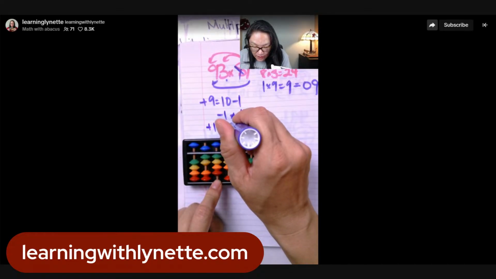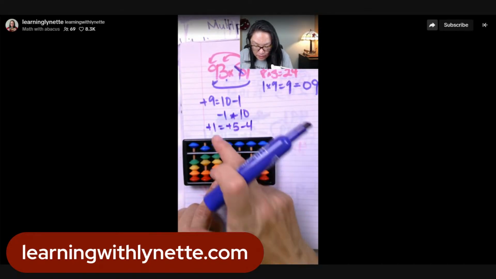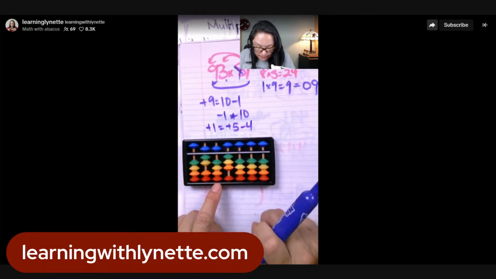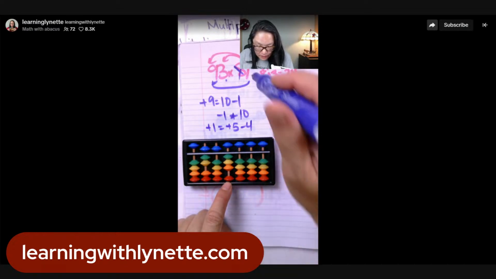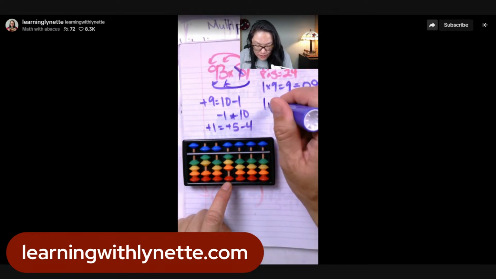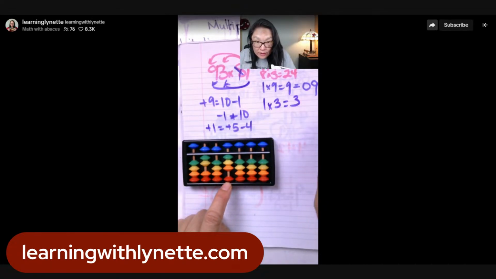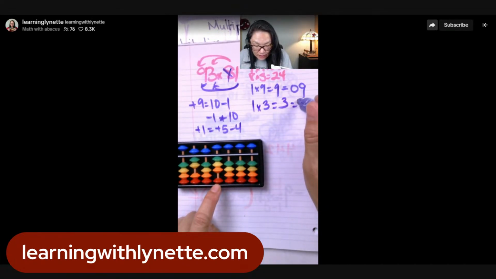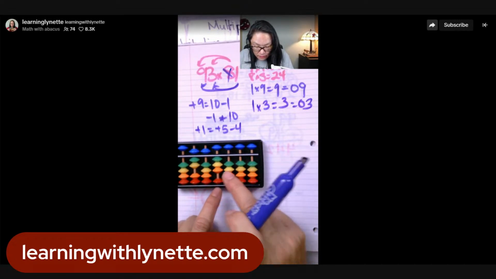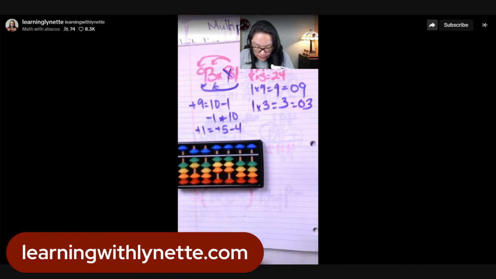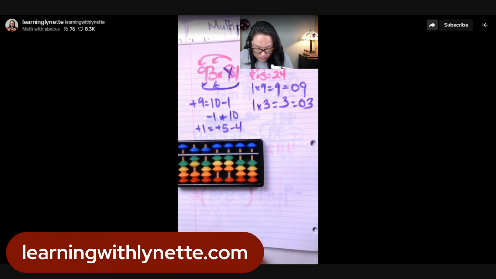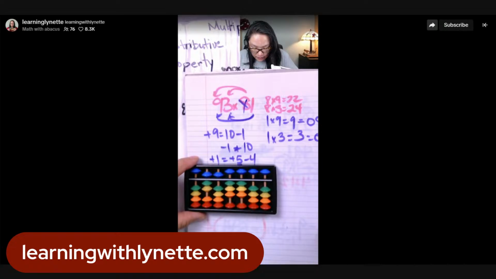And then what do we do? 1 times 3 is equal to 3. Again, double digit, 0, 3. There we go. So my final answer is 7, 5, 3, 3.